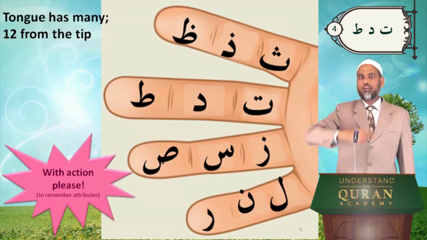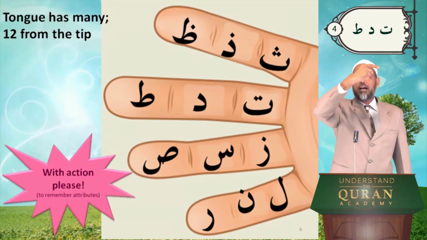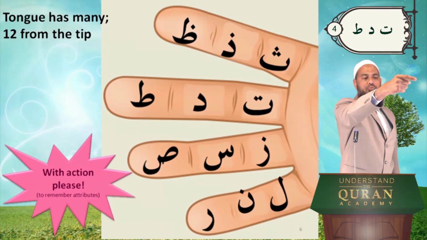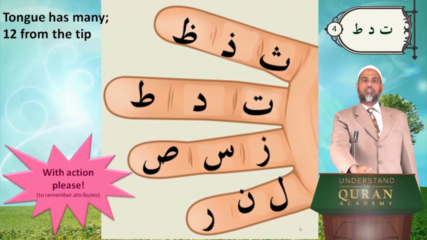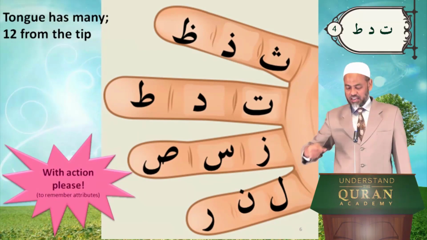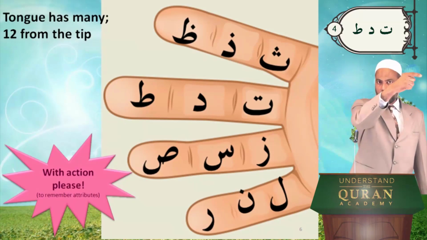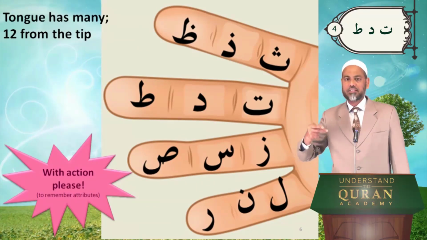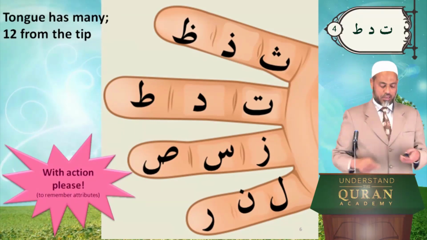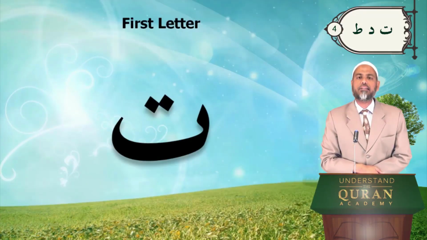You raise your hand for high sounding letters and put them ahead for thick letters, like the guy has a big tummy, thick, fat. Okay. And the next letters are ta, da, pa, that we will learn today.